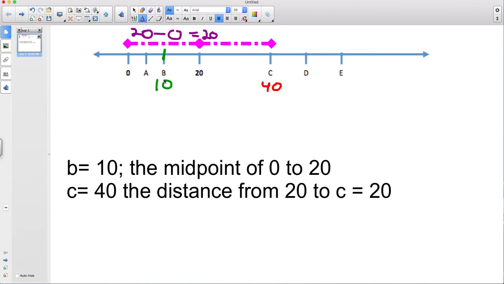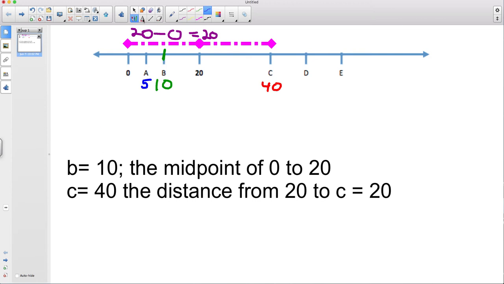Now that you know B, you might find that A is a very easy number to find, because A is now the midpoint of 0 and B. So let's go over to A, and the midpoint of 0 and 10 would be 5. There are other explanations you could use. You could have said that the distance from 0 to A is 1/4 of the distance between 0 and 20. That's also a good explanation.